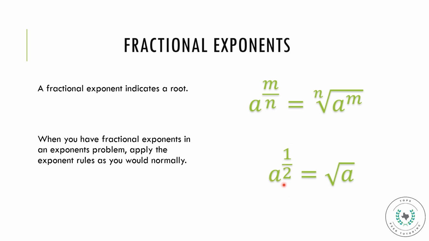And that is because, firstly, this 1 goes to the a, and as you know, anything that's to the power of 1 is just that number. So if I have 3 to the power of 1, it's just 3. So we don't need to write the power of 1 next to this a because that's the same thing as just saying a. Now, for this power of 2 on the bottom, that would usually go to whatever the root is, like nth root, to say that's the power of that root.